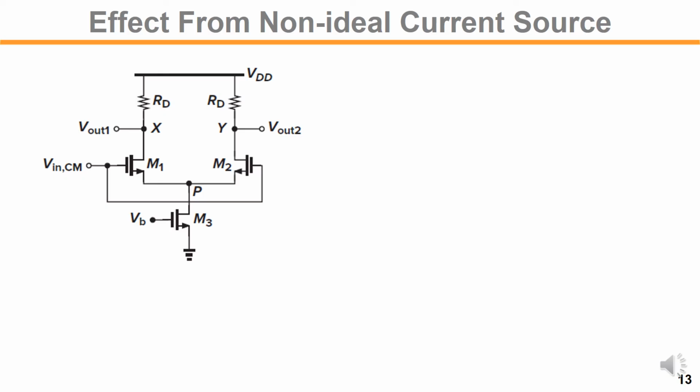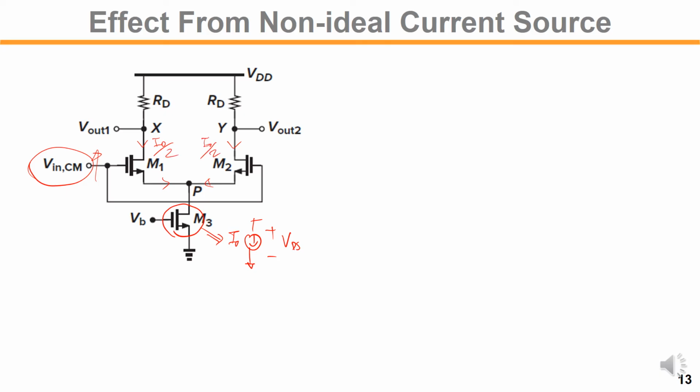So far we just assume that the tail current source here, M3, is ideal. So no matter what the voltage across this tail current source, VDS, the current is fixed to I0. So equal current is flowing on both branches at the bias condition. So for any input common mode variation, the branch current is the same, I0 over 2.